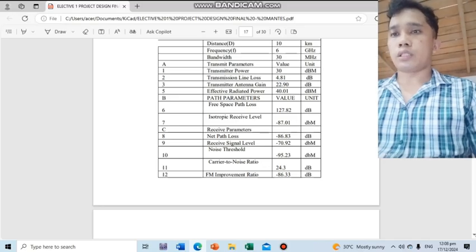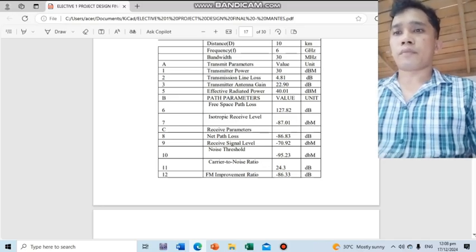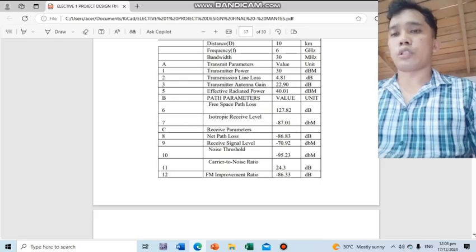Transmitter power 30 dBm, transmission line loss 4.81 dB, transmitter antenna gain 22.90, and effective radiated power is 40.01 dBm. Free space path loss is 127.82. Isotropic receive level is negative 87.01 dBm. Receive parameters and net path loss is negative 86.83 dB. Receive signal level is negative 70.92 and noise threshold is negative 95.23.